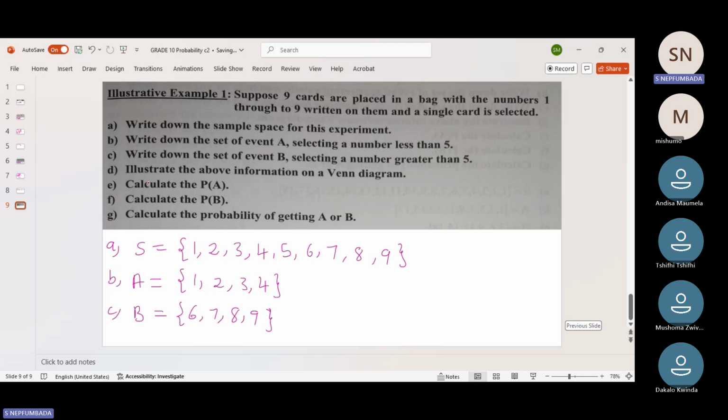They say illustrate the above information on a Venn diagram. It means we're going to have two circles. Do A and B share the same numbers?